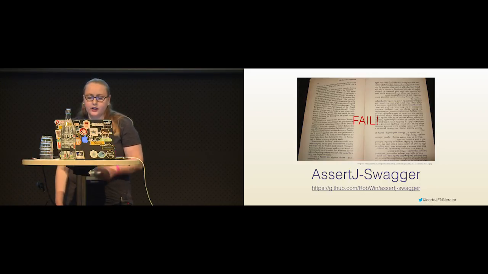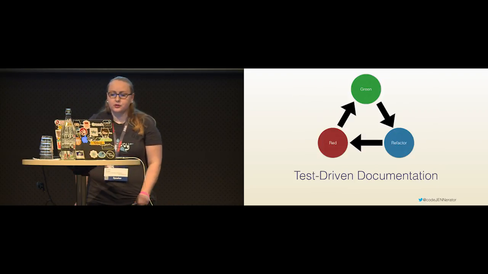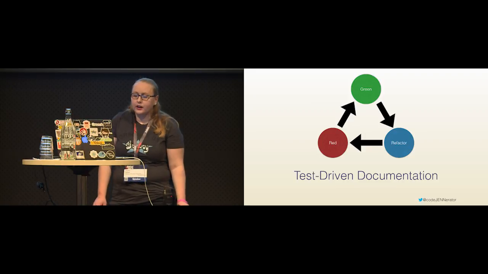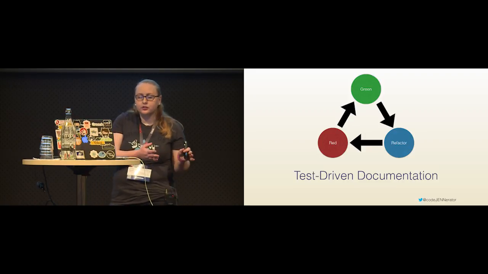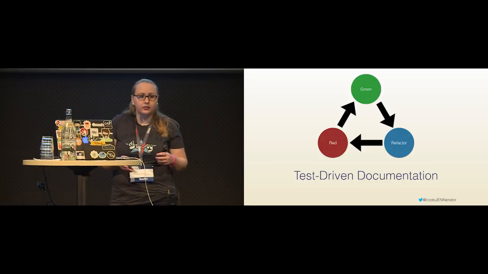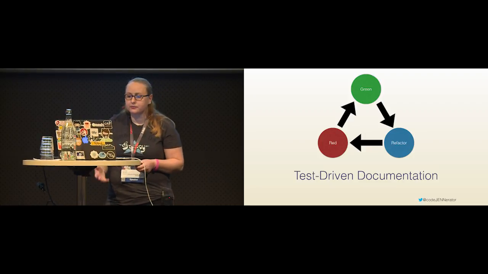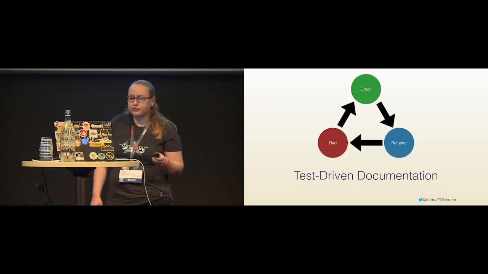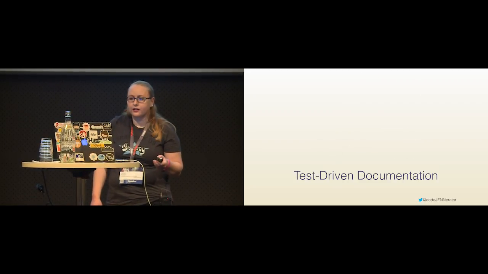Okay. So that brings me to this concept of what is test-driven documentation. And the idea that after looking at a code-generated solution, there still has to be something better, right? The idea is that we take the traditional red-green refactor step and add documentation.